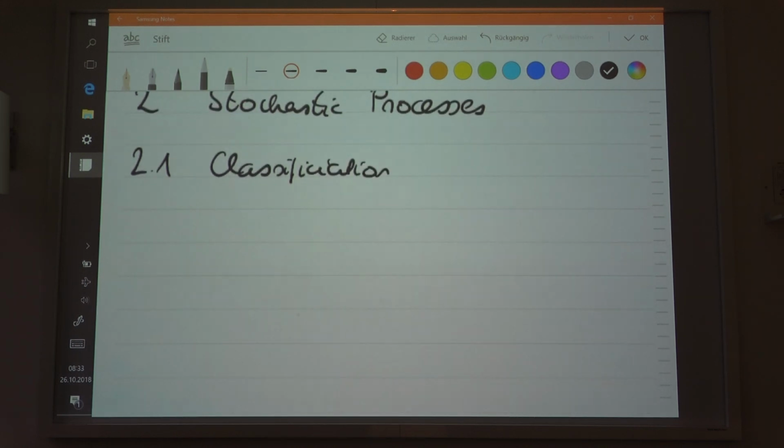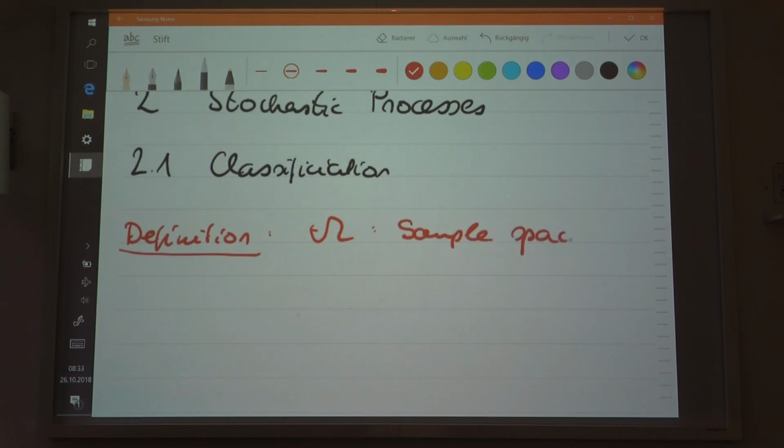Maybe you remember the definition of the random variable. We had basically omega as a sample space, and what we also have here is a set which will represent the time. Usually it is either the set of all integers or the set of real numbers.